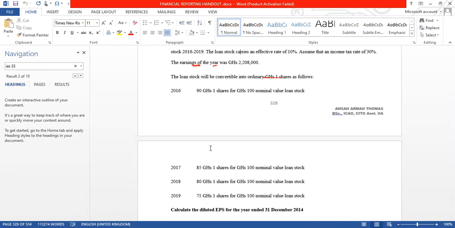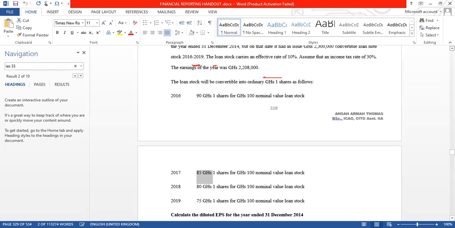You have 91 Ghana cedi nominal, you also have 85, and you also have 80. Which one will you actually go for in terms of your conversion? Which of these loans will you go for?